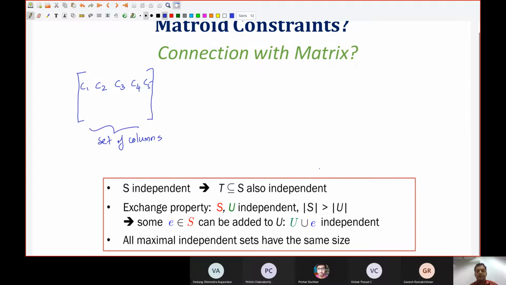We say that a matroid has an independent set S. The notion of independence is very specific to the problem, but let's talk of independence for matrices. We all know what independence is.